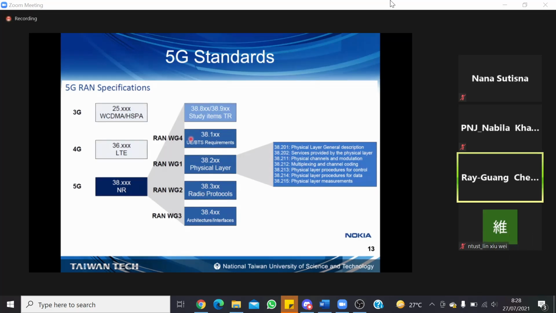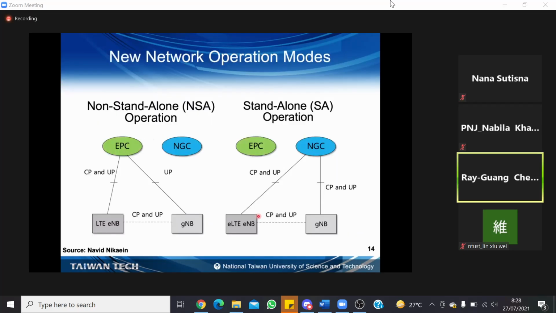The same for 38.1 series, it is for general requirements, then physical layer, then radio. The 38.4 series is more about the network architecture and the interface. As we mentioned, in 5G they can have 2 network operation modes.